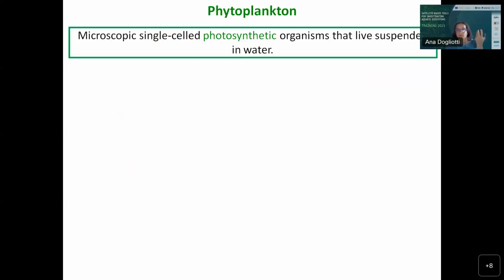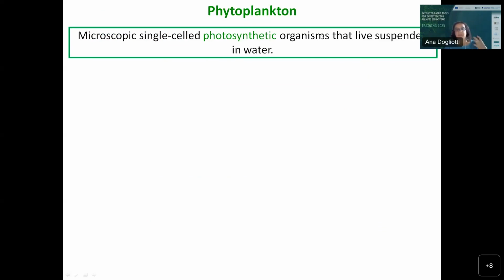So I will focus on algorithms for phytoplankton, for chlorophyll concentration, which you will see will be mainly used for all the applications in the coming modules. So we'll focus on the standard algorithm, just a description of what it means. And so we'll go back again towards phytoplankton. These are microscopic single-cell photosynthetic organisms.